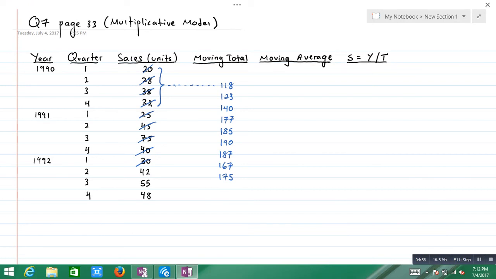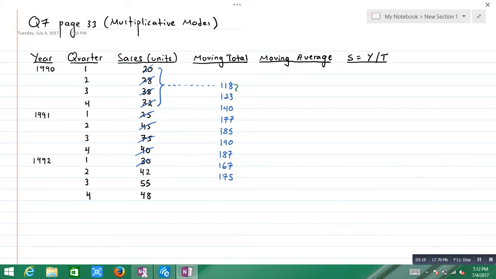Check, is that correct? So the moving average will be your part A answer. Minus of the moving average is your trend, the T. So that will be your part A answer.